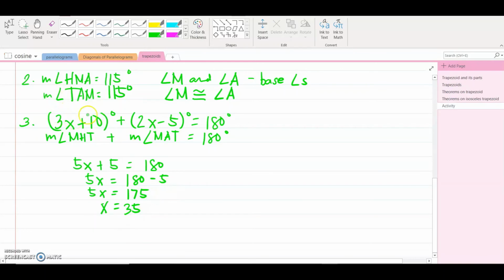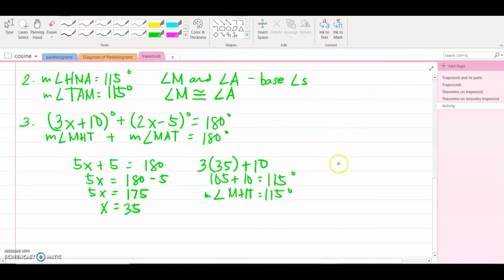Now let us substitute the values. We have 3x plus 10, so 3 times 35 plus 10. 3 times 35 is 105, plus 10 is equal to 115 degrees, which is the measure of angle MHT.